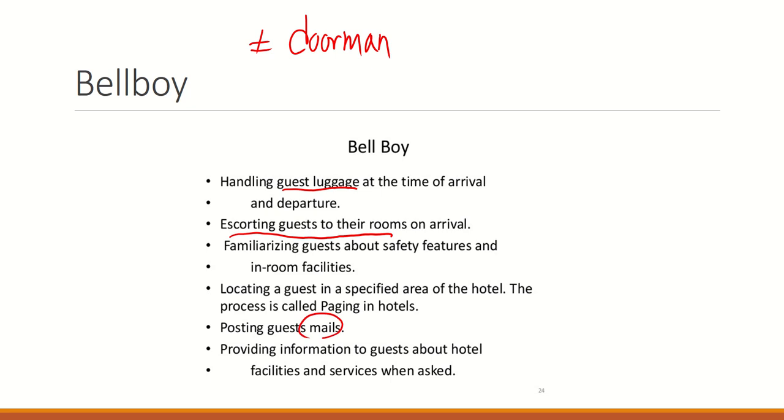Providing information to guests about the hotel is not only the bellboy's responsibility, but that of all hotel staff, such as those who work in the front office department.